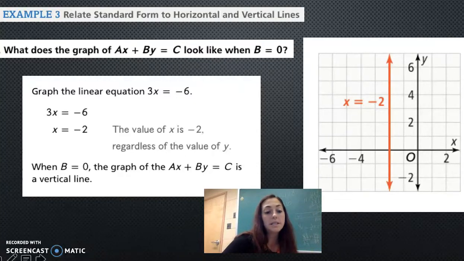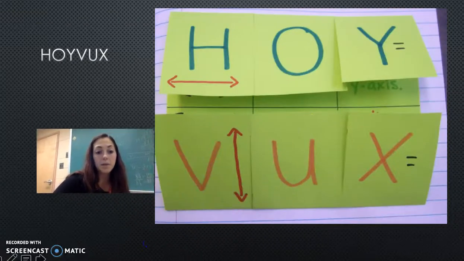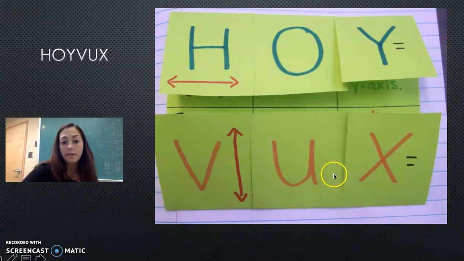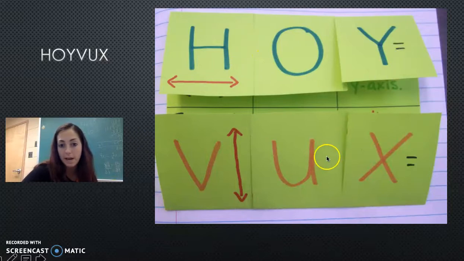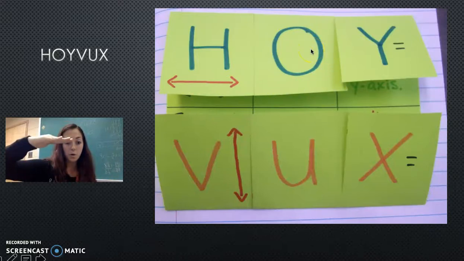All right, and then there's one last thing I want to show you. It's HOIVUX, and we're going to talk about this. If you just copy this down, then we'll talk about what each part means, okay? So H for horizontal line, I drew a horizontal line under it. O is really a 0 for the slope.